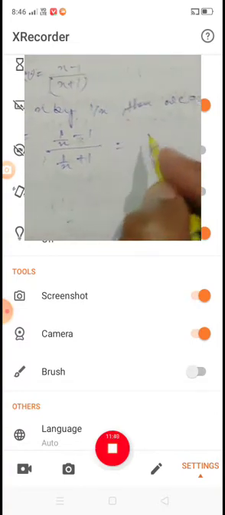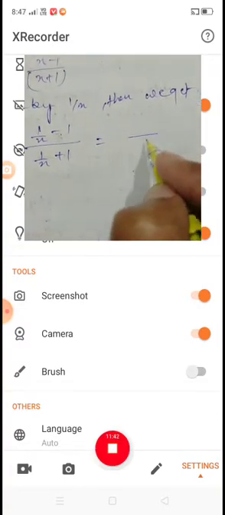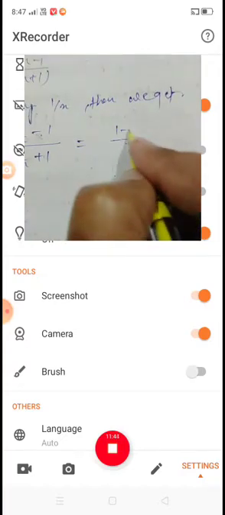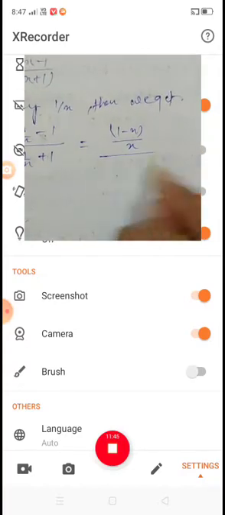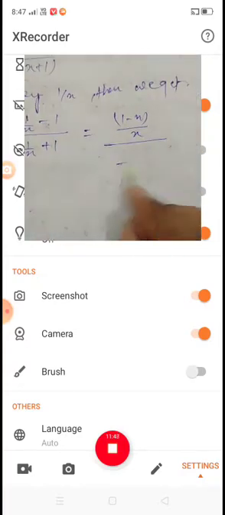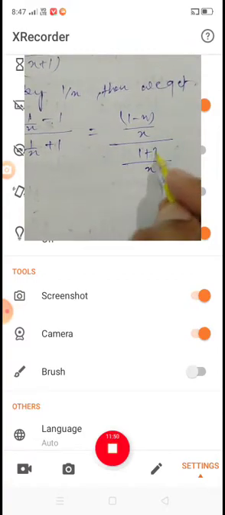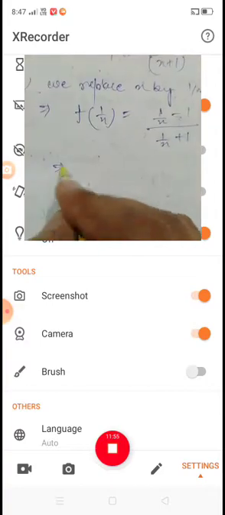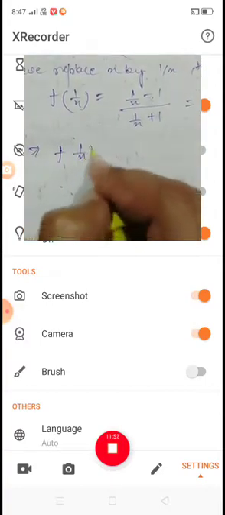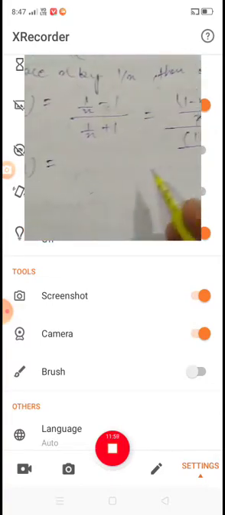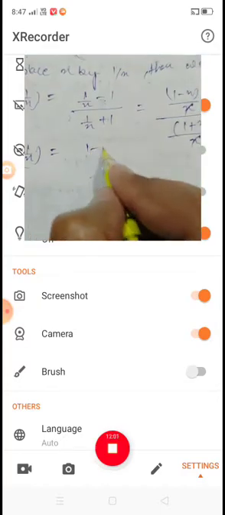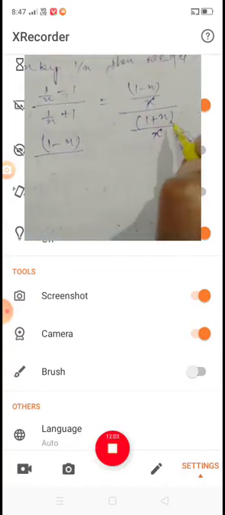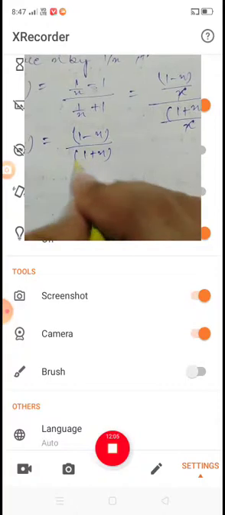So we take LCM. In the numerator we take LCM x, so we get 1 minus x, upon, in the denominator we take LCM x, so here we get 1 plus x. The x's cancel out, so we have f of 1 by x is equal to 1 minus x upon 1 plus x.